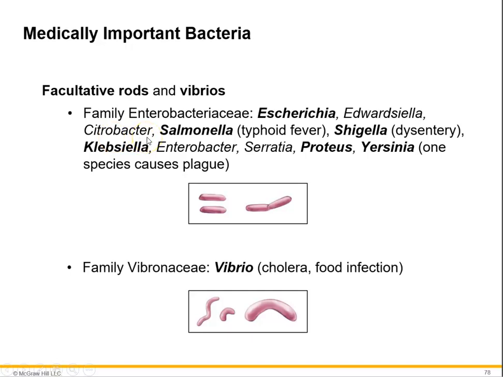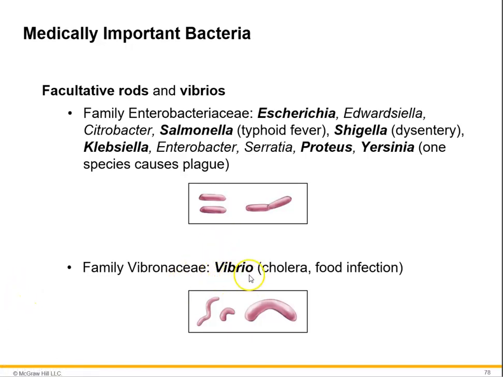Facultative rods and vibrios. So we have Escherichia, right, E. coli. We have Salmonella, Shigella. Both of those cause gastrointestinal disease. Klebsiella we'll work with in the lab. Proteus we'll work with in the lab. And then there's Yersinia, Yersinia pestis being the species that causes plague or the Black Death.